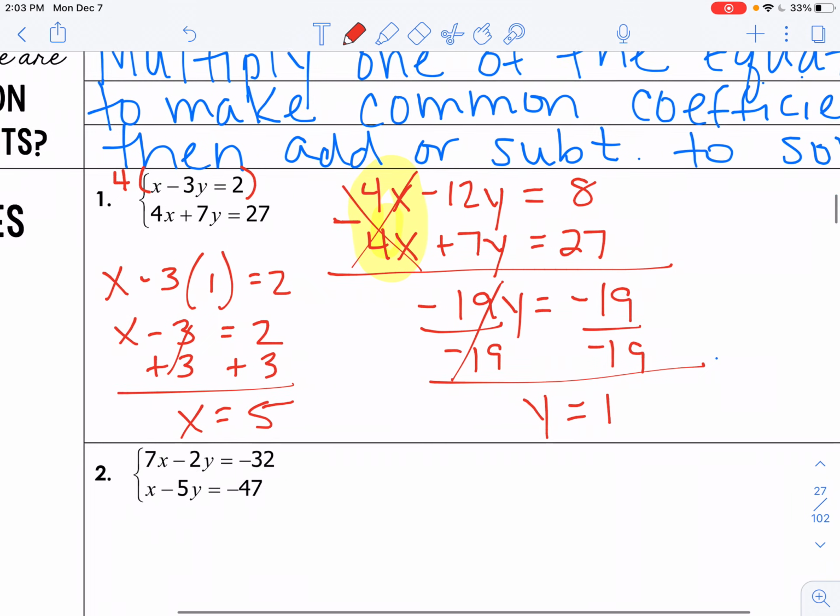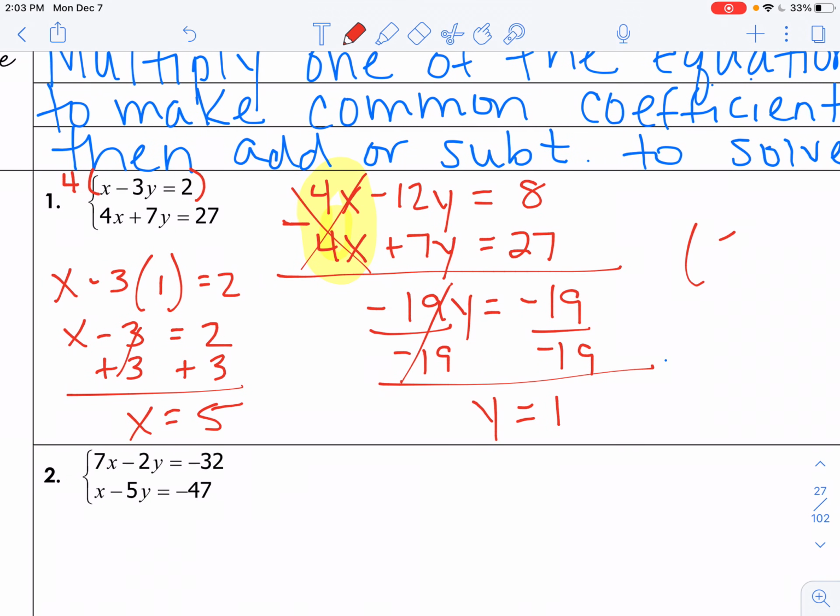So my final ordered pair would be 5, 1. So all I had to do was make one of my equations equivalent by multiplying by 4 on every single term. Then I'm able to eliminate my x term.